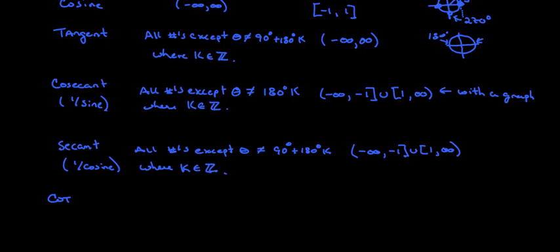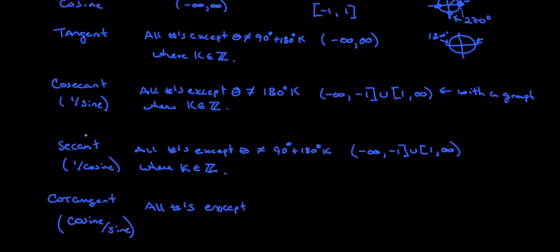The last one is the cotangent. Since tangent is sine over cosine, cotangent is cosine over sine. So cotangent can use any angle as an input, except when sine is 0.